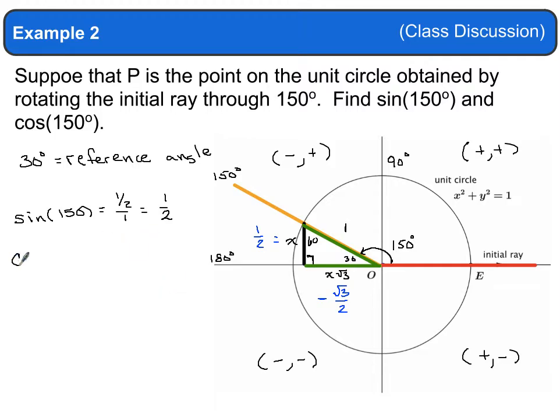If I want to know the cosine of 150, that would be the adjacent over hypotenuse, and so that would be negative square root of 3 over 2 over 1, so therefore this would be the negative square root of 3 over 2.